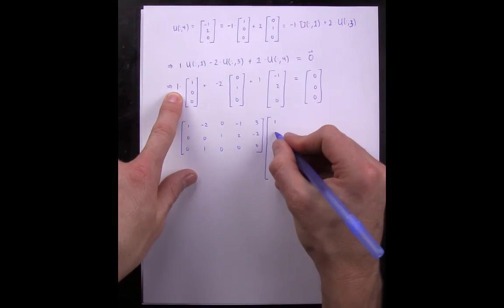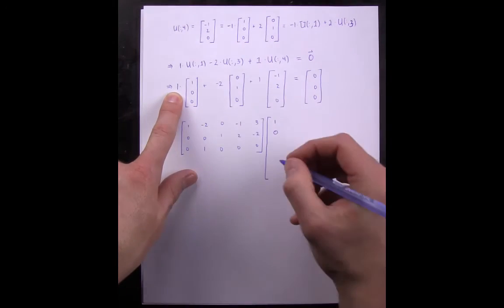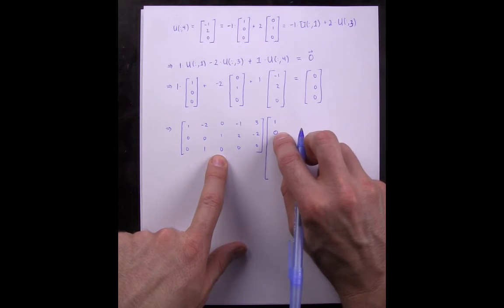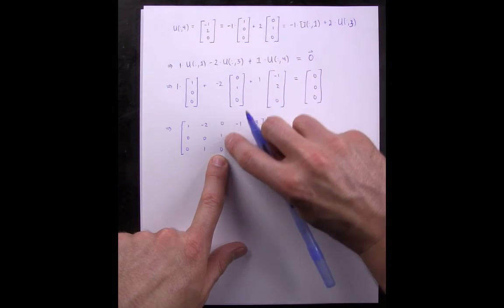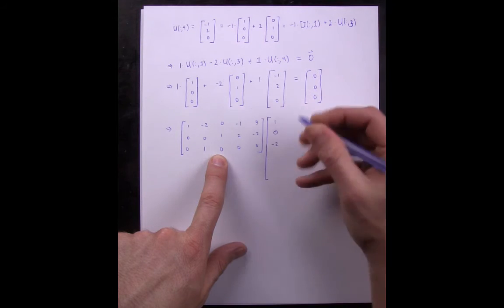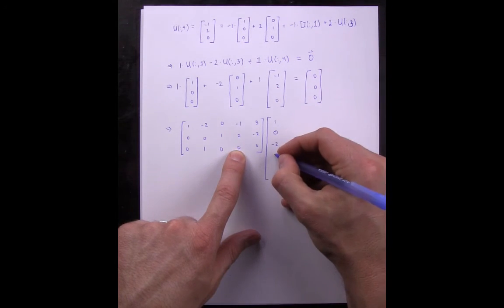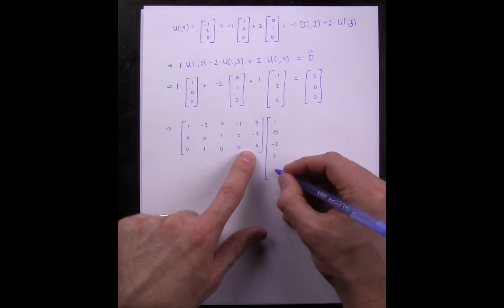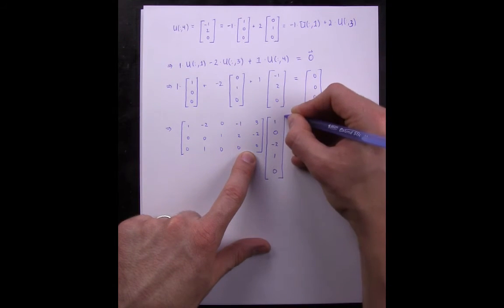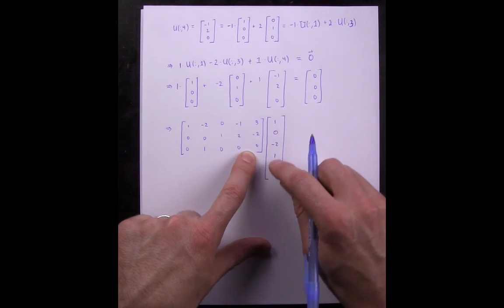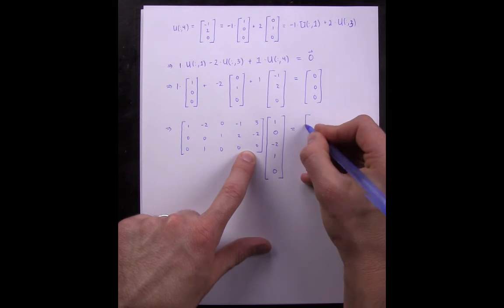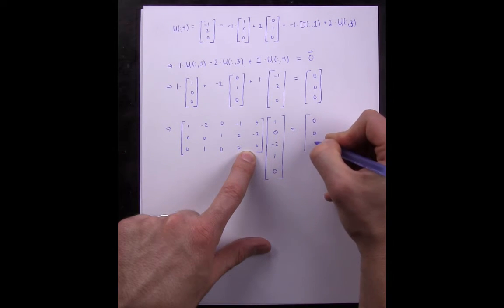Here I have nothing of the second column, so I just cancel it out by putting a 0 as a scalar weight. The third column I have a scalar of -2 in front. The fourth column I have a scalar of 1, and the fifth column I do not include in this linear combination, and we see that this linear combination produces the output 0, 0, 0.